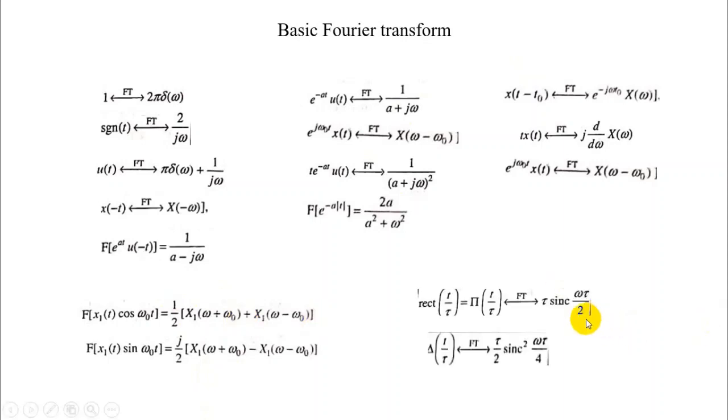In some cases we need to transform the triangular function and rectangular function, and we have discussed the graphical representation of the triangular and rectangular functions, and the Fourier transform of those would be like that.